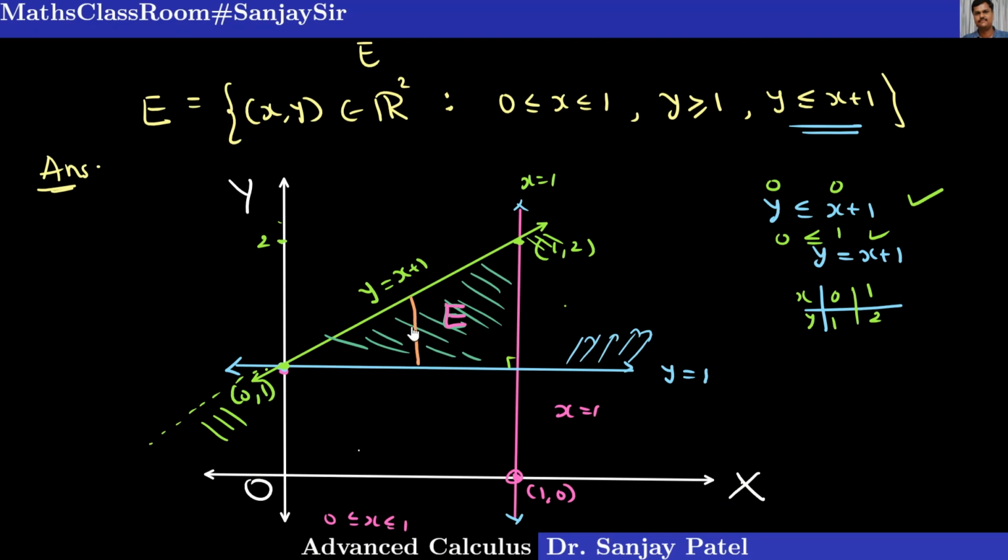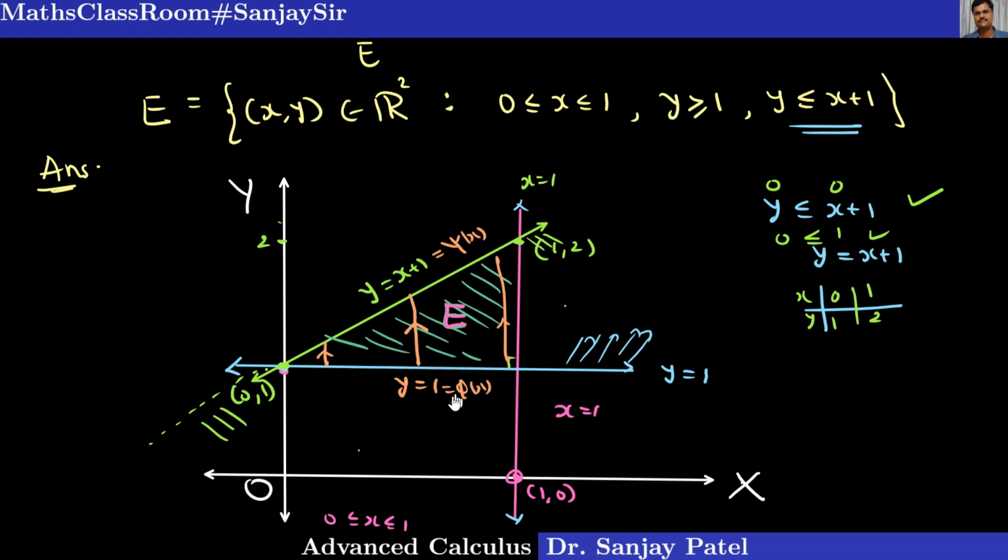You check all the positions of this strip. If it is here or it is here, the lower end and upper end of this strip remain on the same curve throughout the region. So the lower end remains on the curve whose equation is y is equal to 1, and the upper end remains throughout the region on the curve y is equal to x plus 1. So this is my psi of x and this is my phi of x.